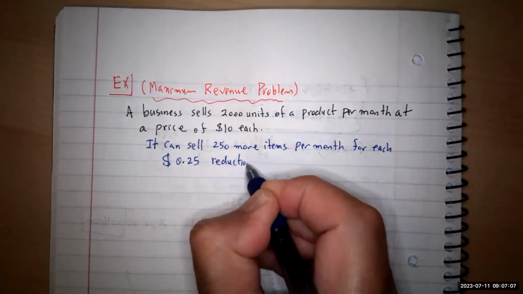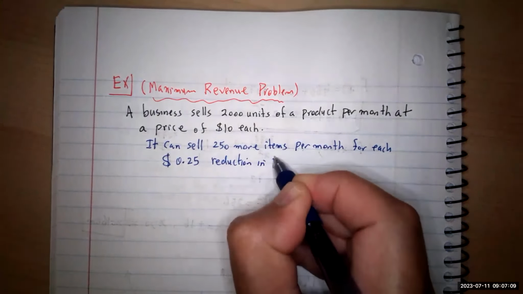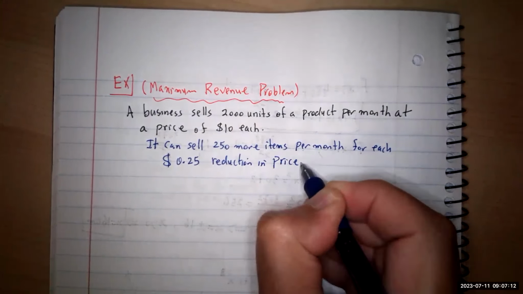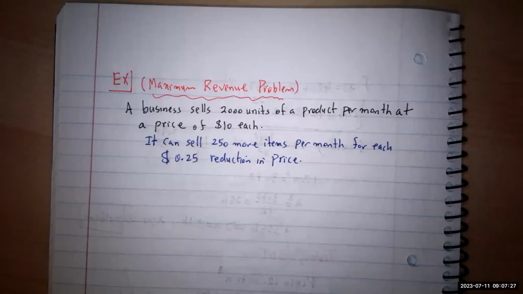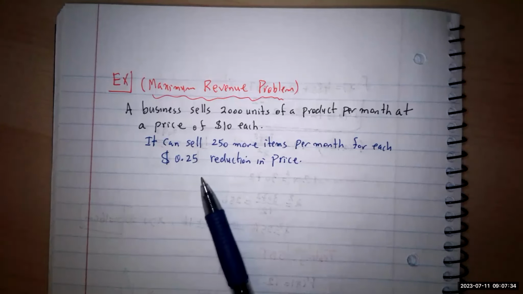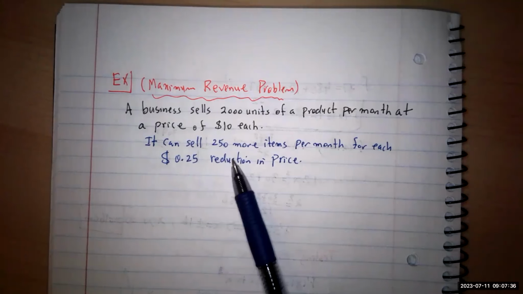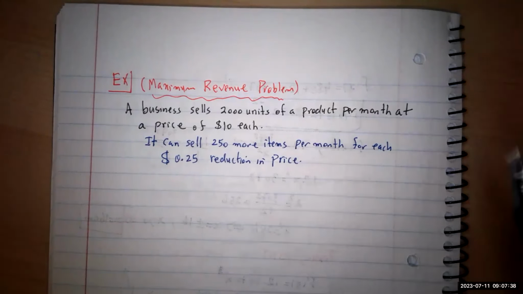So if you lower the price of each item by 25 cents, you get 250 more customers. If you repeat it again, you get 250 more again. So for the first 25 cents, you get 250. For the second one, you get 250, 250, 250.